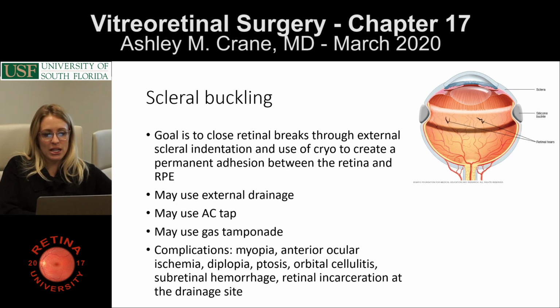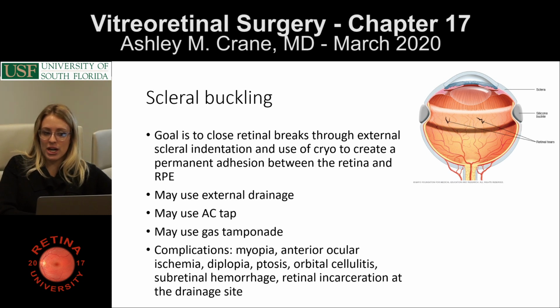Scleral buckling, basically the goal is to support your retinal breaks. You want to push on the breaks with a band or a sponge that imbricates the retina and the sclera, and then you would use cryo or even laser if you can make it happen to close the breaks as well.